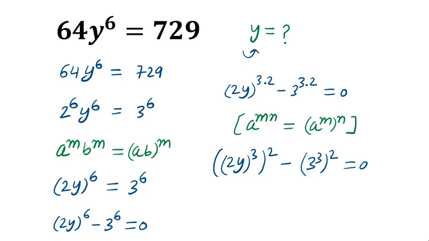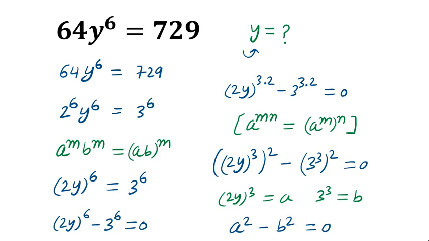Now suppose (2y) cube is equal to a and 3 cube is equal to b. Then the left hand side is a square minus b square is equal to 0. The factor of a square minus b square is (a plus b) multiplied by (a minus b) is equal to 0.